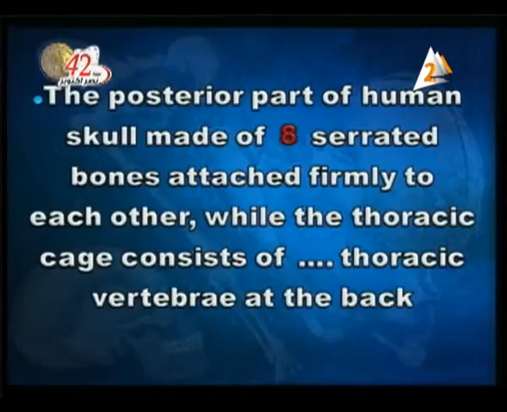Excellent. The posterior part of human skull made of 8 serrated bones attached firmly to each other, while the thoracic cage consists of 12 thoracic vertebra at the back. So the number of thoracic vertebra is 12.